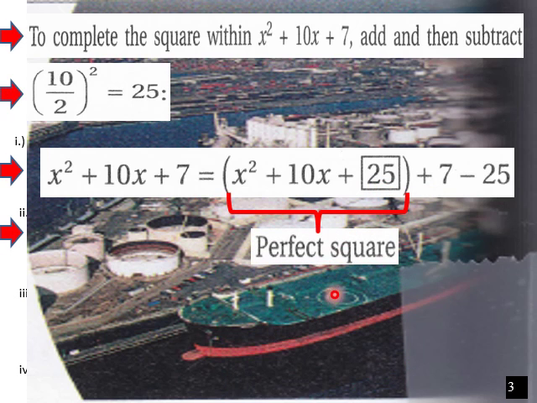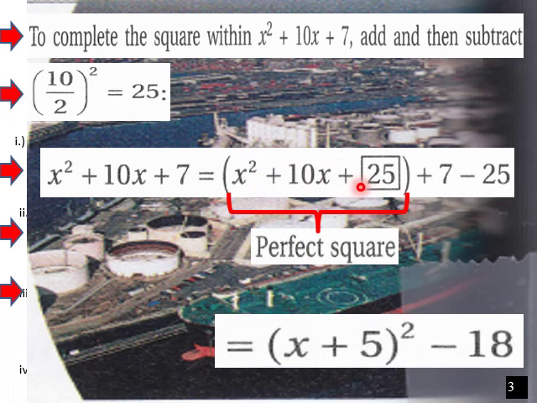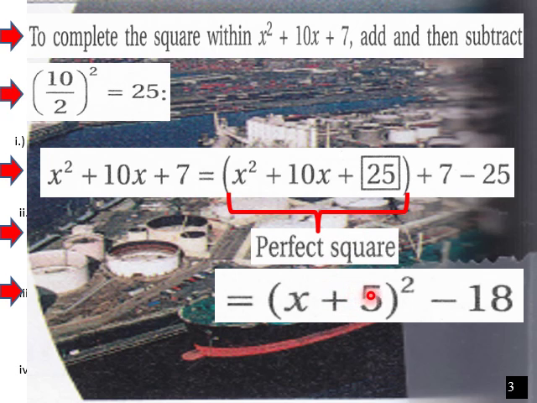This is a perfect square here, x plus 5 squared, minus 18. Now we combine the two constant terms and we get negative 18. So this is our completing the square solution for this trinomial.